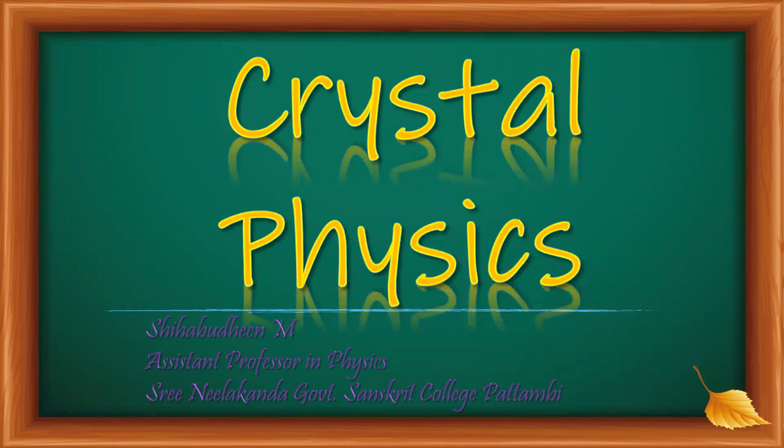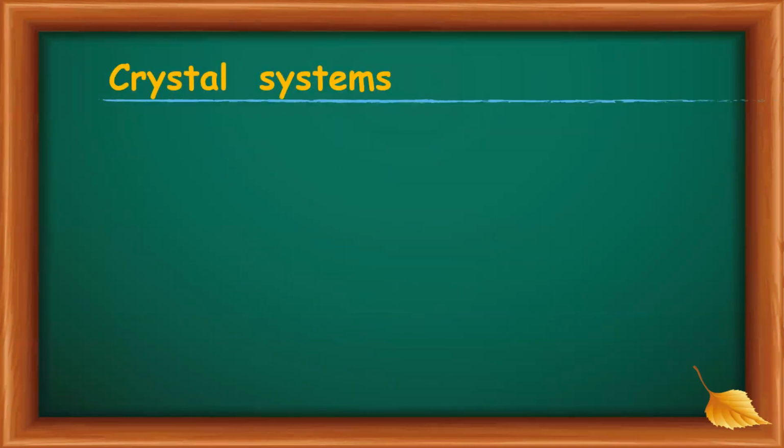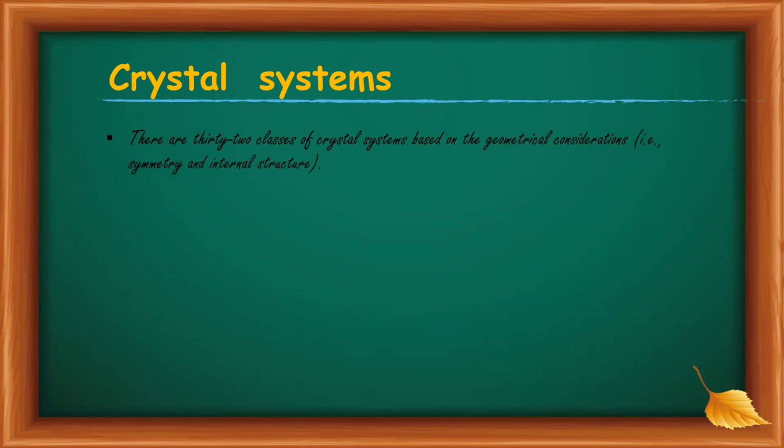Today we discuss about crystal systems. According to the geometrical consideration, that is symmetry and internal structure, the crystal structures can be classified into 32 classes.